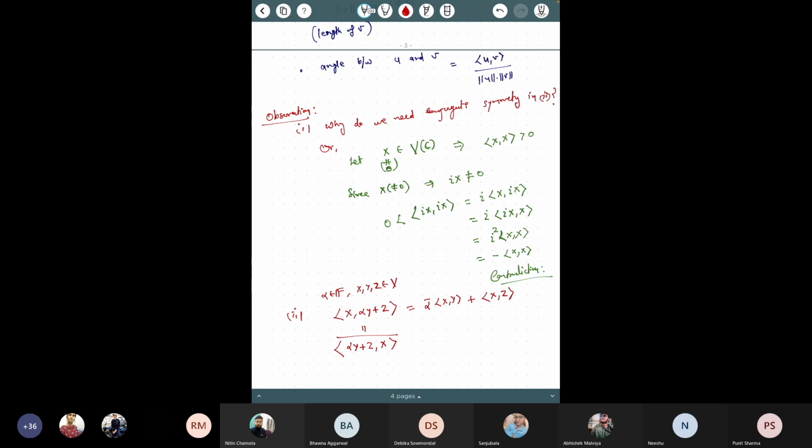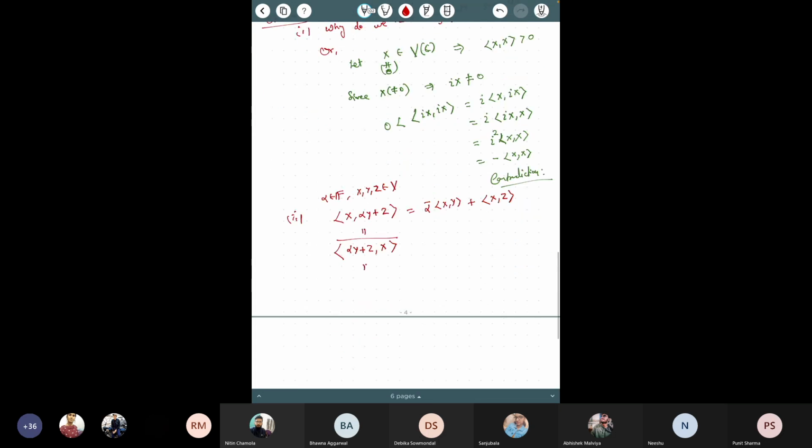But then this is also equal to alpha times the inner product of y with x plus the inner product of z with x, all under the bar, right? I'm using the third and fourth properties together.